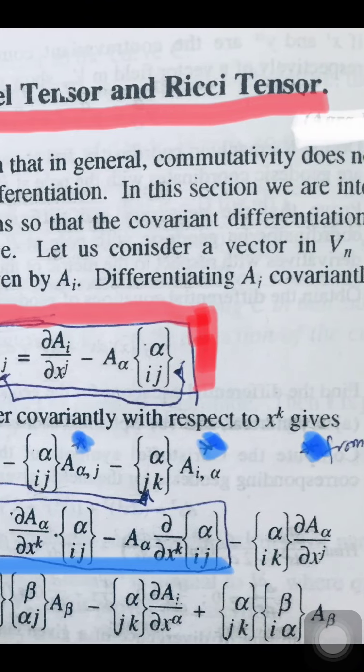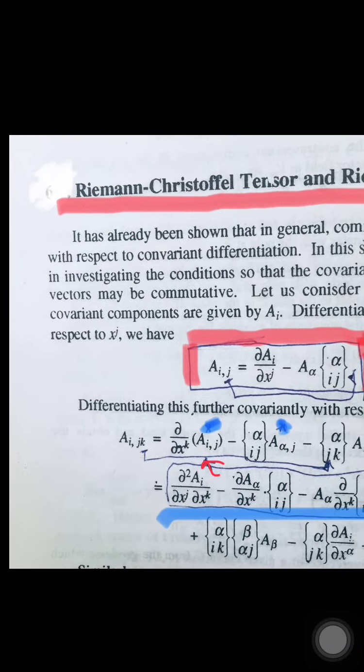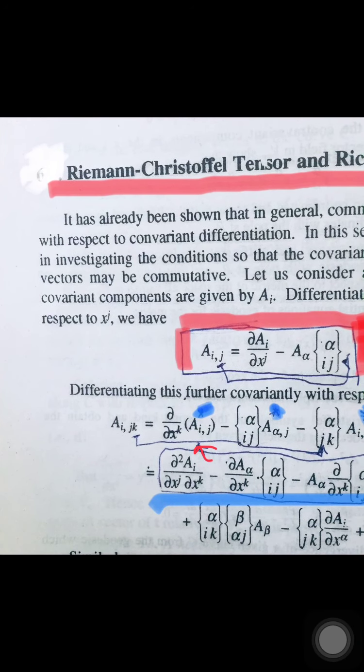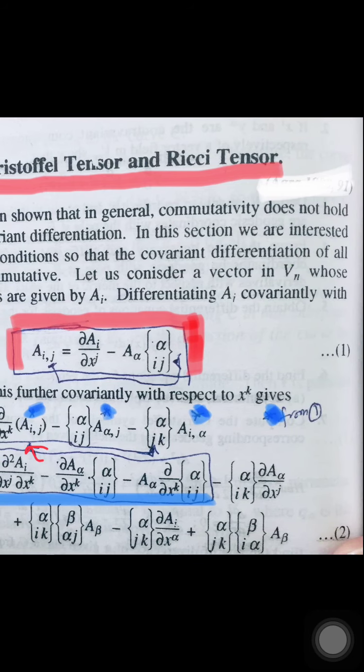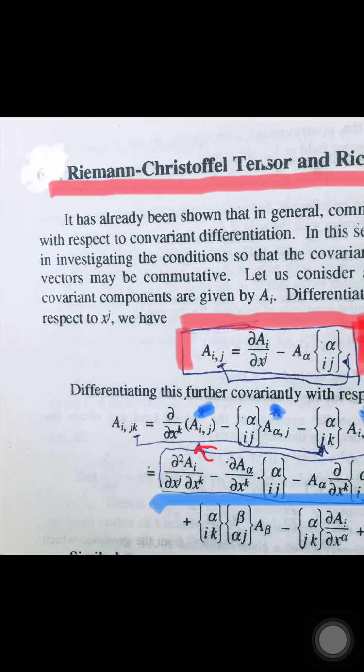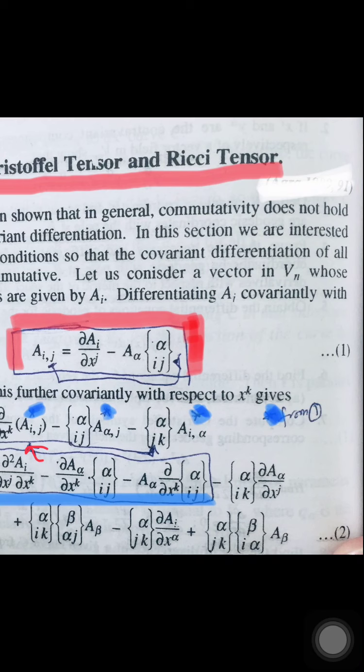Riemannian Christoffel tensor. Earlier we have already seen that the general commutative property doesn't hold with respect to covariant differentiation, which we studied in the Christoffel symbol chapter. Covariant differentiation doesn't hold the commutative property.